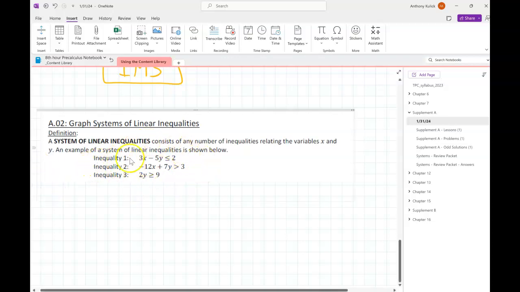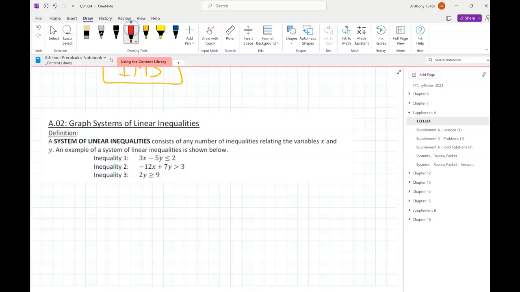We have 3 curves, or 3 inequalities. If I take the first inequality, I'm going to start by rewriting this so it's in slope-intercept form. So we'll subtract the 3x over, and then divide by the -5. What do I have to remember when I divide by a -5 here?